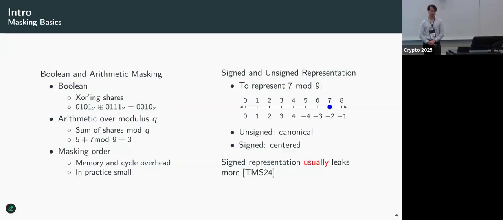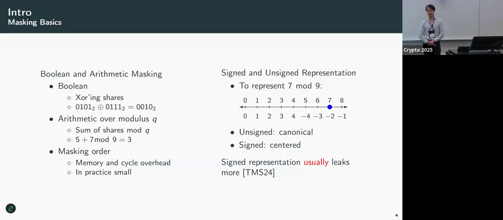For example, if you want to store 7 mod 9, you could store this simply as 7, which is the unsigned representation. Alternatively, you could shift the upper half of all the possible values to the negative side. You do this by subtracting the modulus from the upper half of all the possible values.